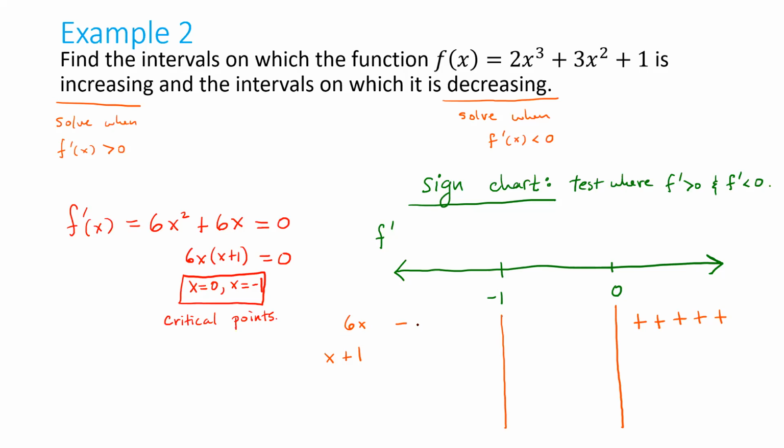And on the other hand, it'll be negative when x is less than 0. So it'll be negative on all these regions here. And then the x plus 1 factor, well, that'll be positive when x is greater than -1. So it'll be positive on this side of -1. But it'll be negative when x is less than -1. So on this side here.